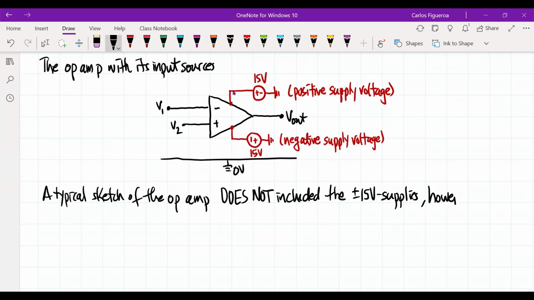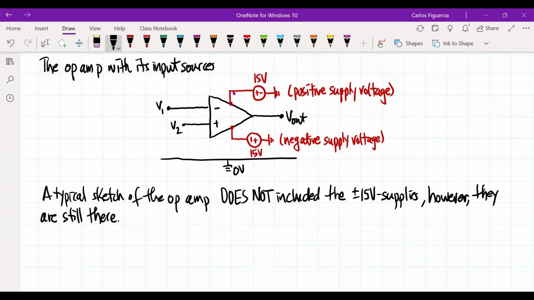However, they are still there. They are always assumed to be there.